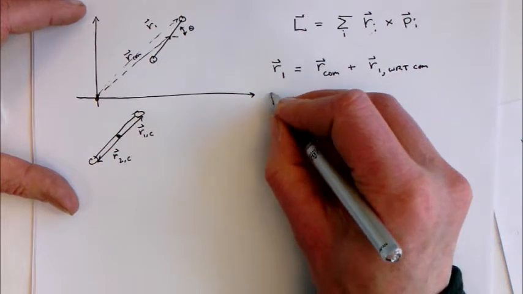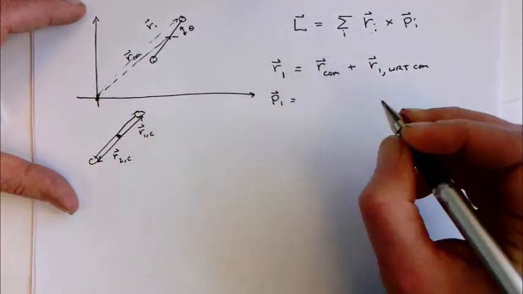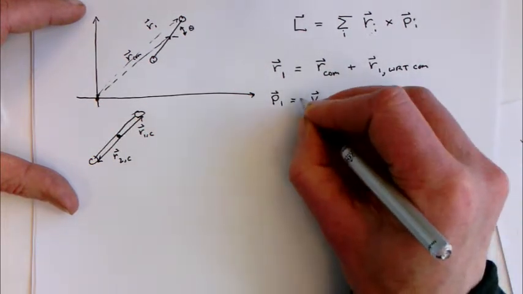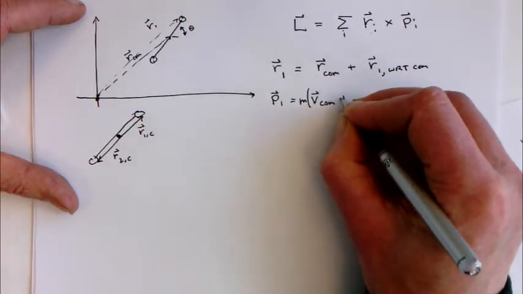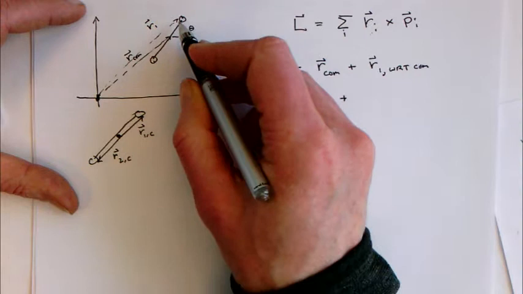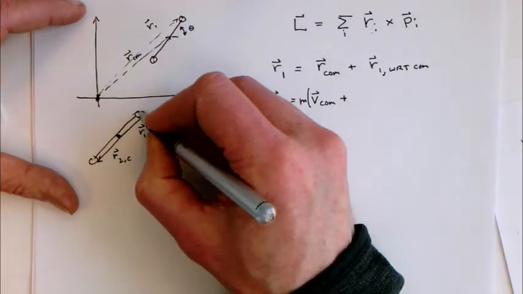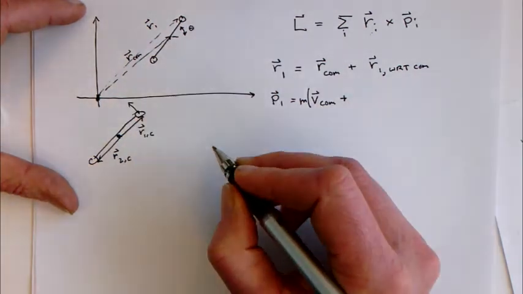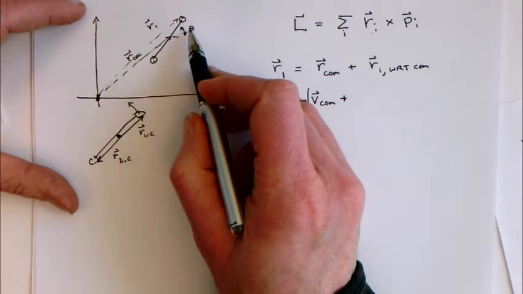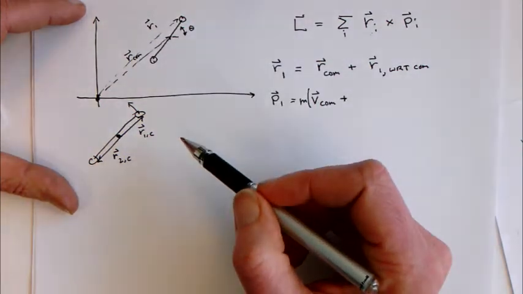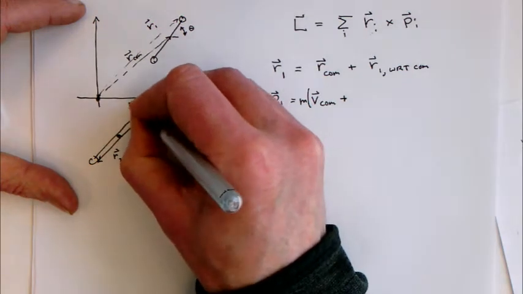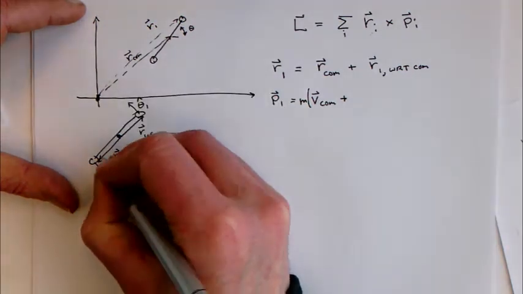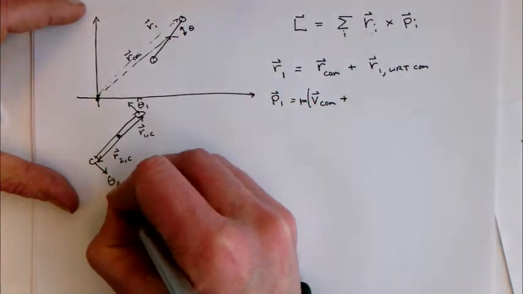The momentum of the first mass is going to be the mass times the velocity of the center of mass plus the velocity about the center of mass. Well, the velocity of this first mass about the center of mass, if it's rotating, is simply going to be omega times r in the theta 1 hat direction. So I could say this is theta 1 hat. Similarly, for this one, if it's rotating, this will be theta 2 hat.